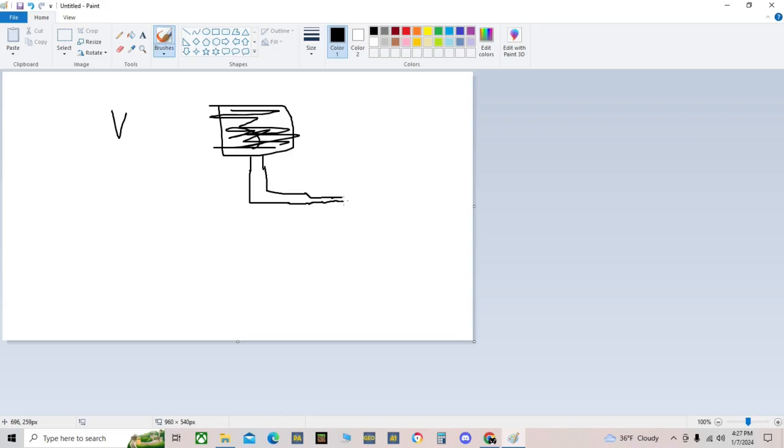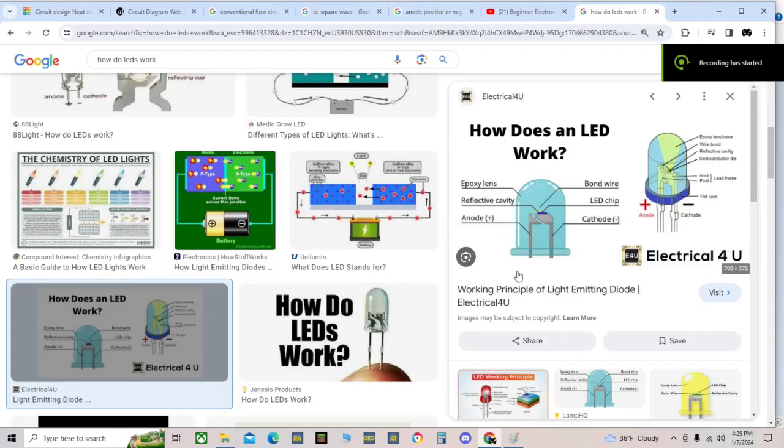Now this is important because your LEDs run off of electrons going through them at a specific frequency. I like this diagram the best because it's very simple. It takes it, passes through an LED chip. LED stands for light emitting diode. Now it spews out electrons at a specific frequency to get the different colors.